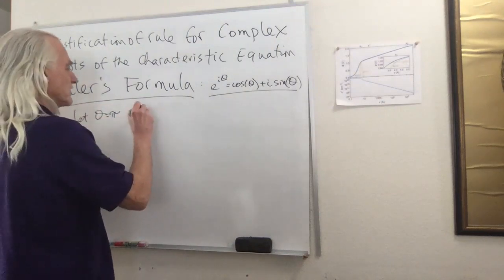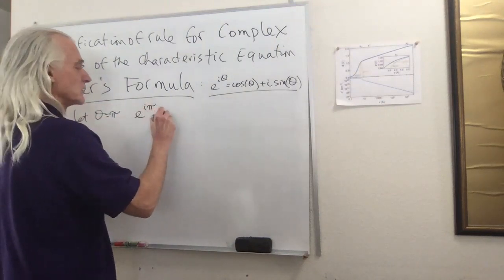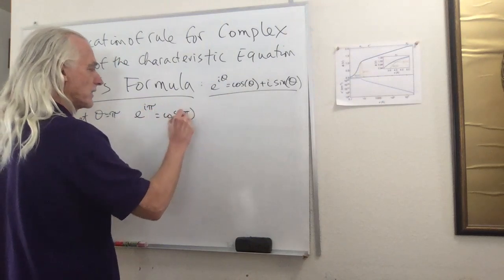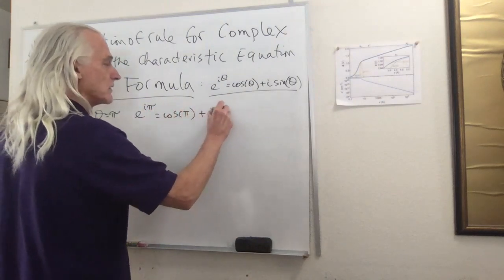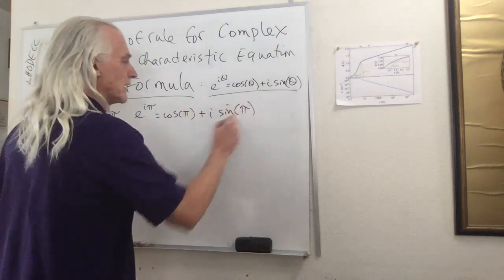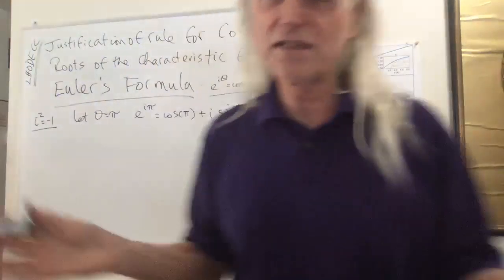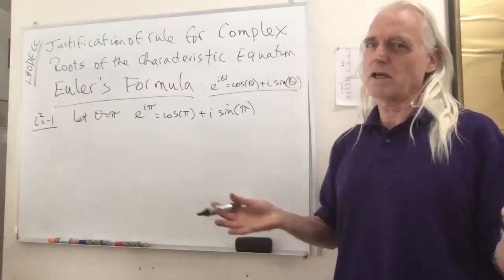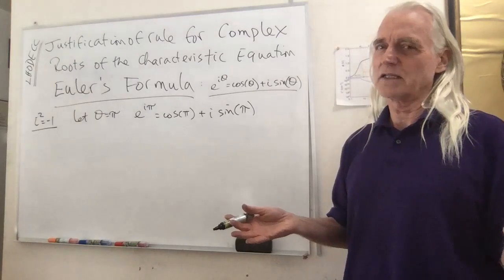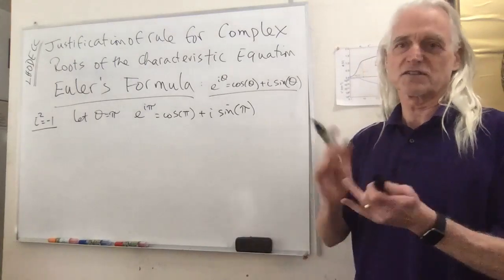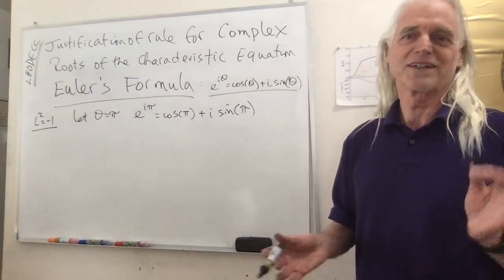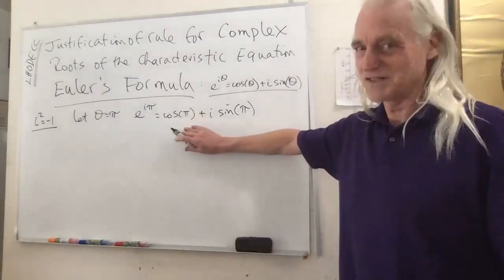But I can't really talk about this formula without the special case of letting theta equal pi. So I have e to the i pi is equal to cosine of pi plus i sine of pi. In this class, we never really need to know what cosine of pi and sine of pi are. All we need is cos of 0 is 1, sine of 0 is 0. But we should be able to know what that is.